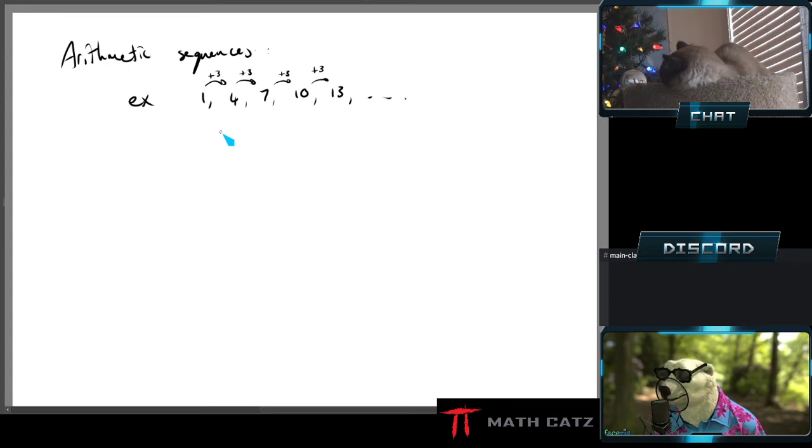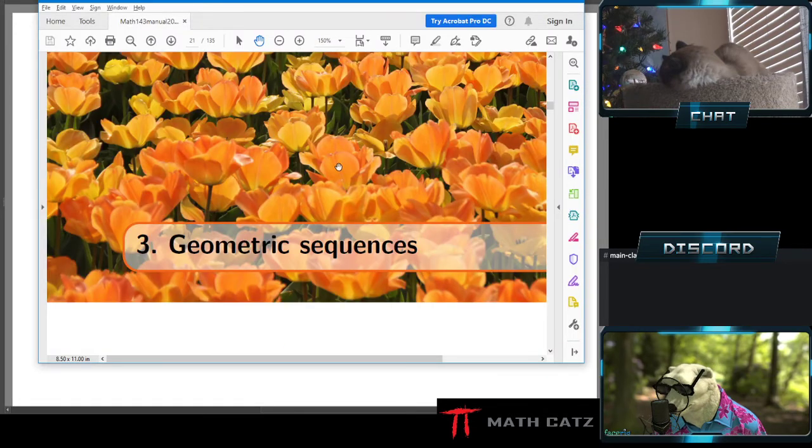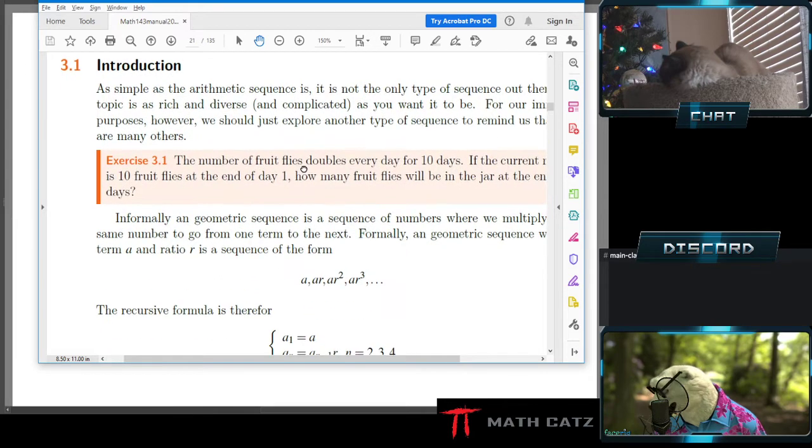We could go in a different direction, by realizing that I don't have to add or subtract, I could multiply or divide from one term to the next. So let's look at an exercise to help us introduce this idea.